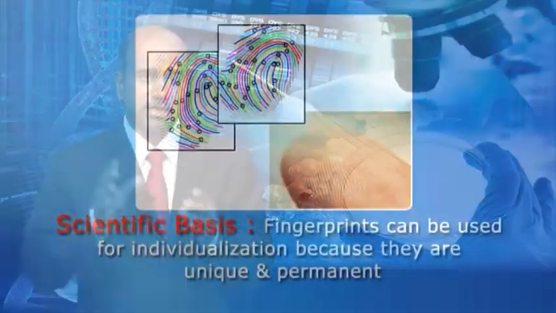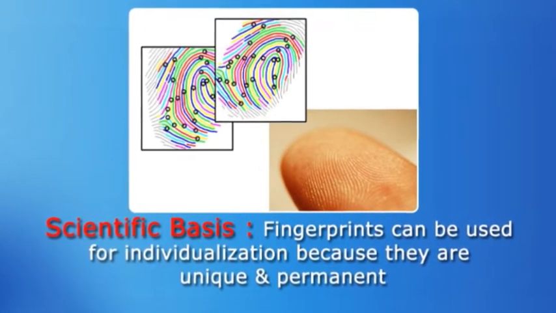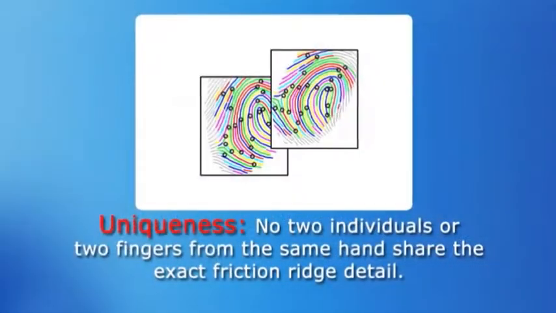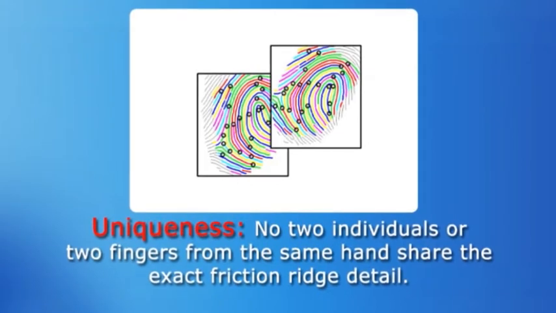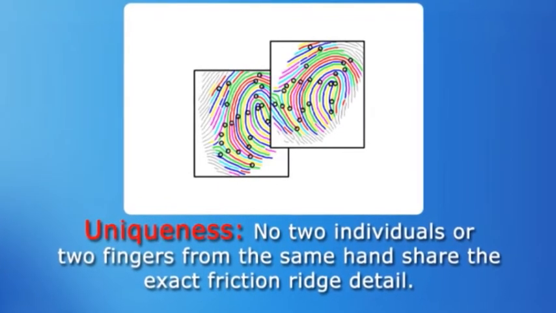Scientific basis. Fingerprints can be used for individualization because they are unique and permanent. Uniqueness. No 2 individuals or 2 fingers from the same hand share the exact friction ridge detail.